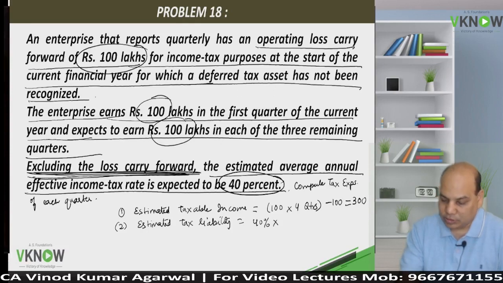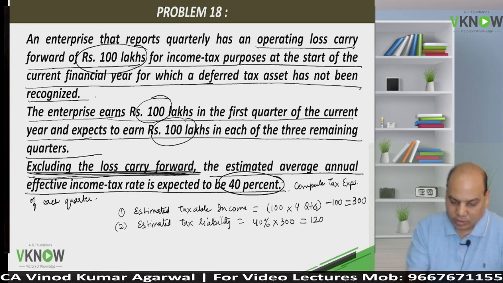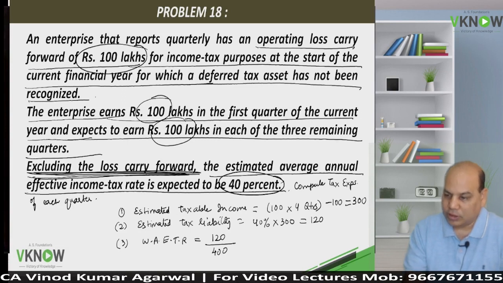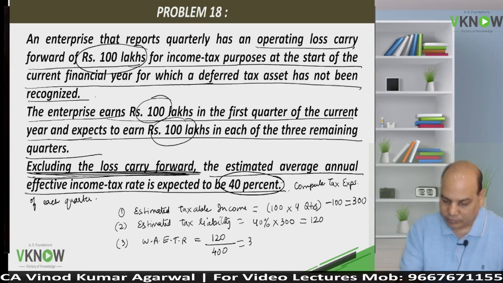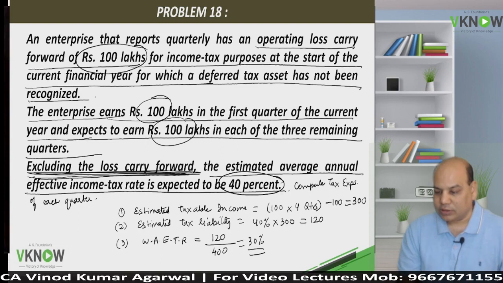So 40% of 300, that is 120. And step number 3, weighted average effective tax rate will be 120 divided by 400. That is 30%.